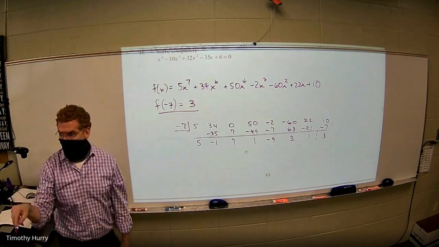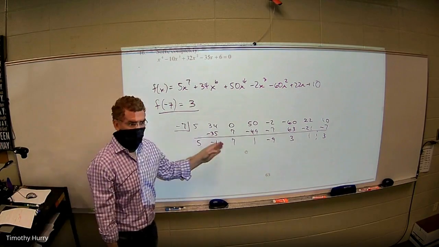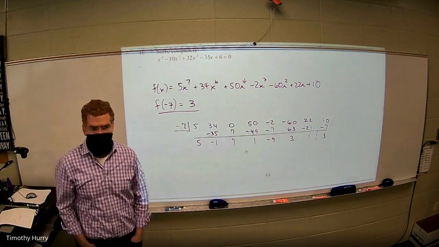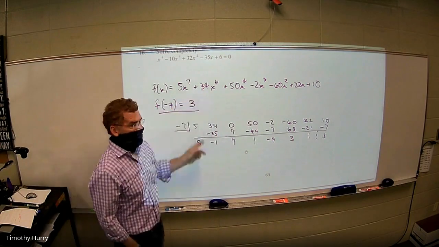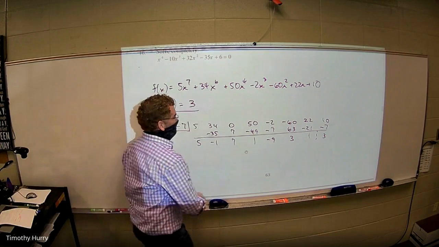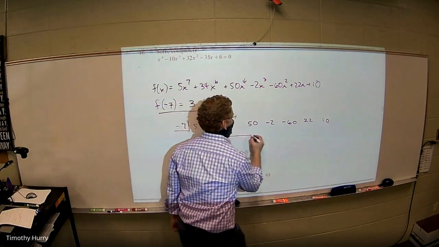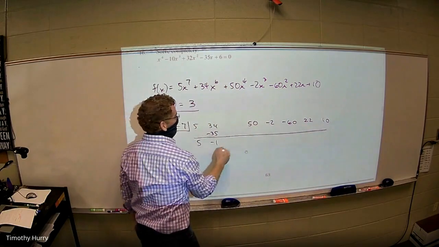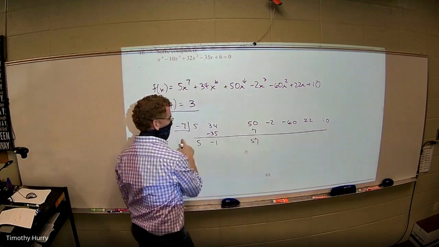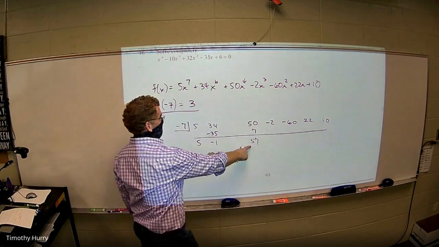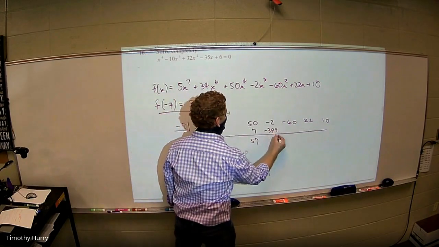Now, what happens as you're doing this? When these numbers start getting worse and worse and worse, you probably forgot a sign, maybe a 0. I mean, look what happens. If I don't have that 0 here, look what happens to my math. Forget the 0. 7, 57. What? Negative 399.